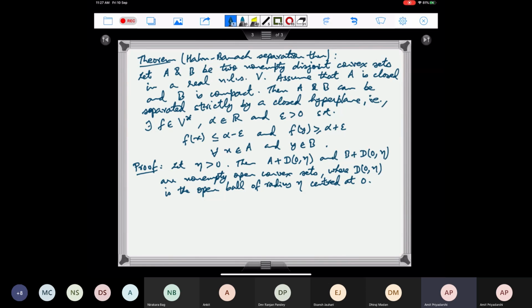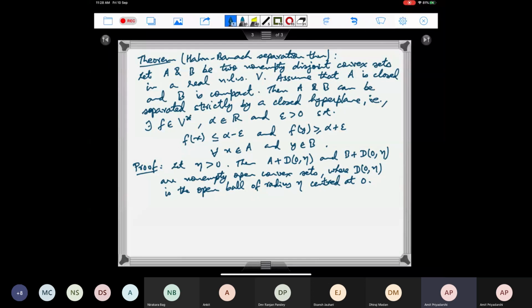So is it clear? Because A and B are non-empty, these sets are also non-empty. Why are they open? We can consider A plus D0 eta as the union over x in A of D(x, eta), which by definition will be open. This is exactly like what we did in the previous one.